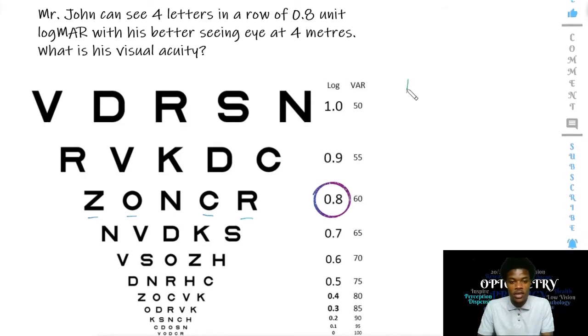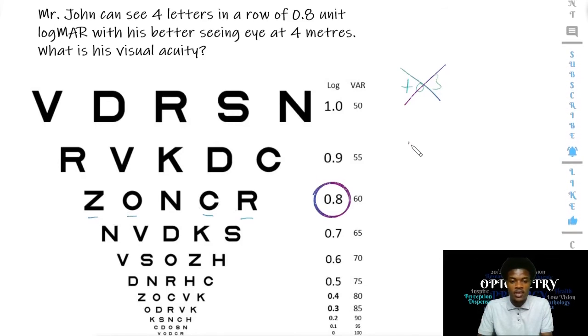In this case, we don't have to add 0.3. So we go straight ahead in adding what letters he missed. He would have read the first line, the second line, and now he's on the third line and he missed a letter.